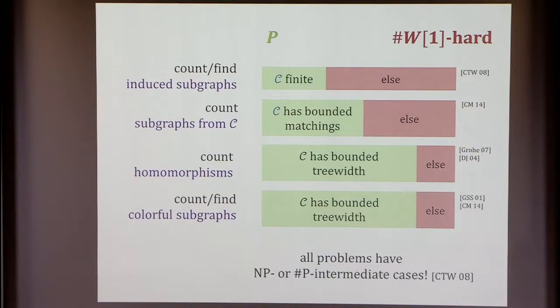You can consider all of these cases as some kind of success story for FPT versus #W[1]. What is the reference? Is it CTWOA? This is Chen, Thurley, and Weyer. There are a lot of Chens.